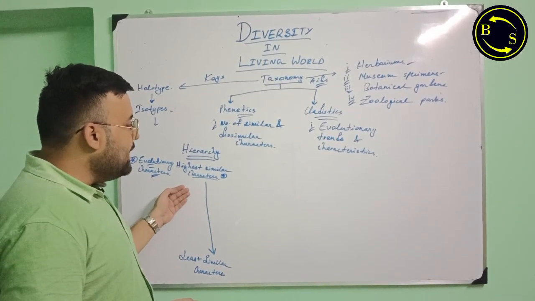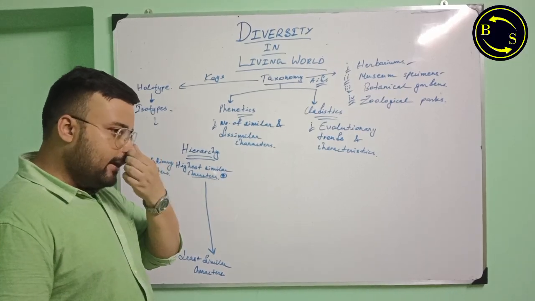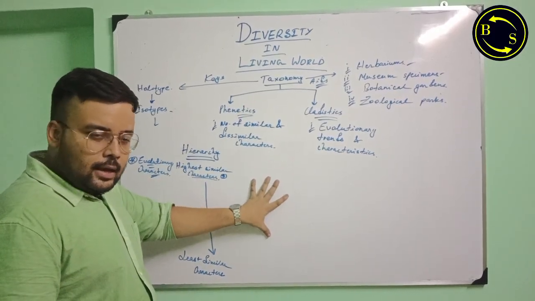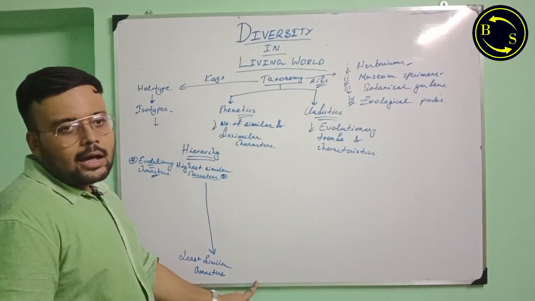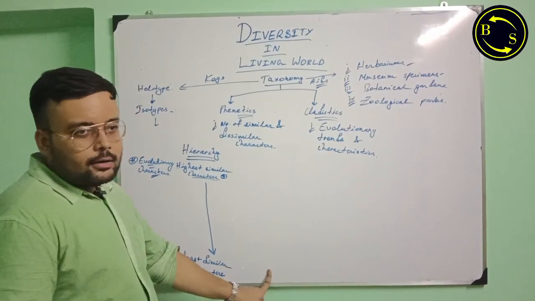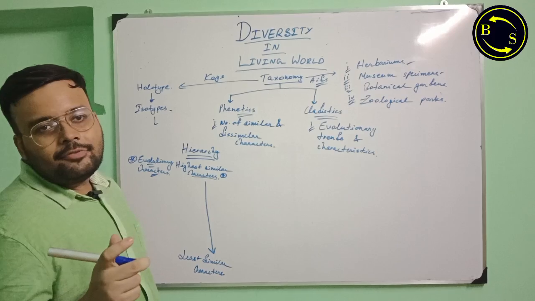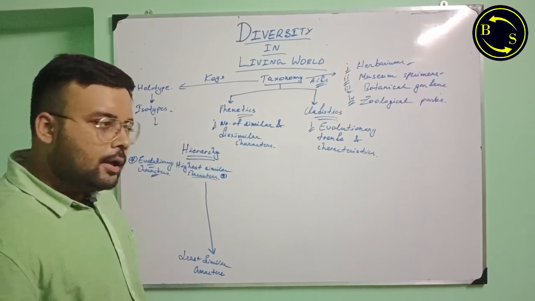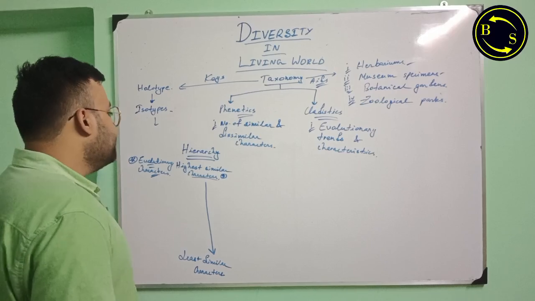First, we need to place all those characters that are most similar with all animals, and we will end our hierarchy with those characters that are only specific to dogs only, or that particular breed of dog only. Let's look into it.